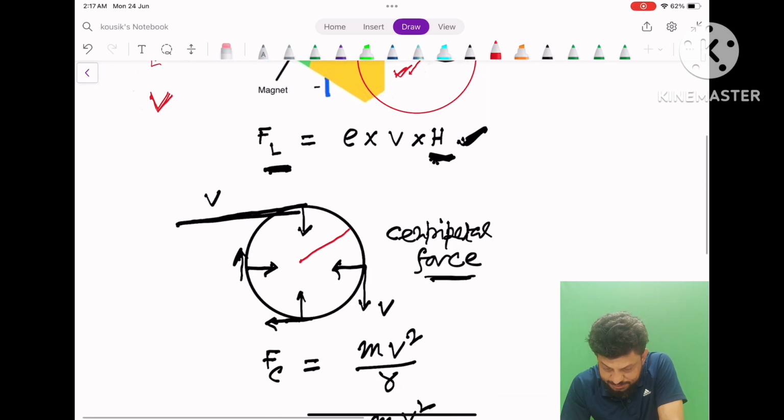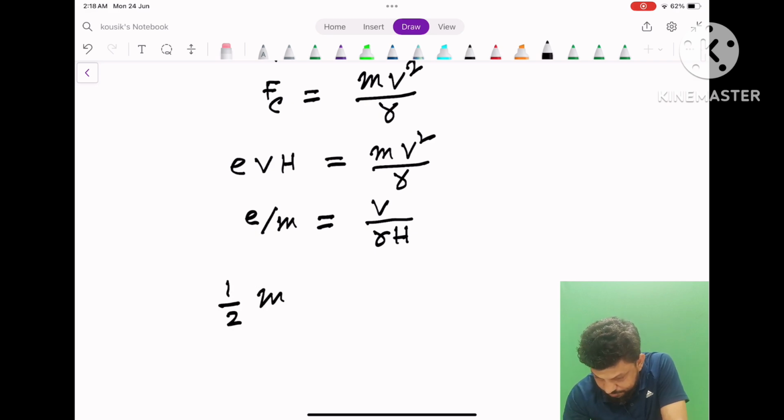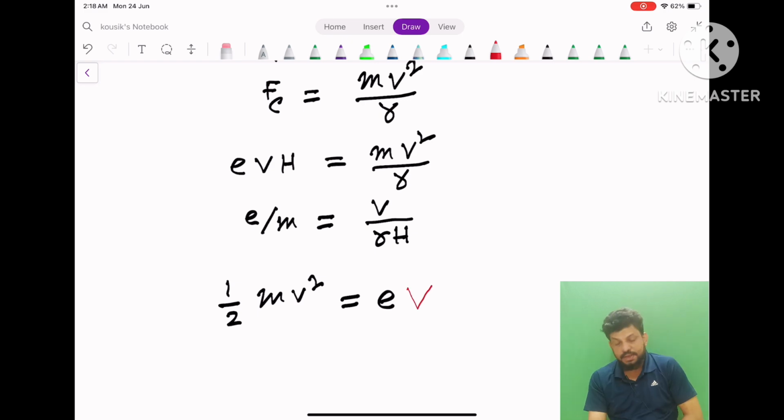So we can say that half m v square equals E multiply V. I write this V in red color, because here V is the voltage.